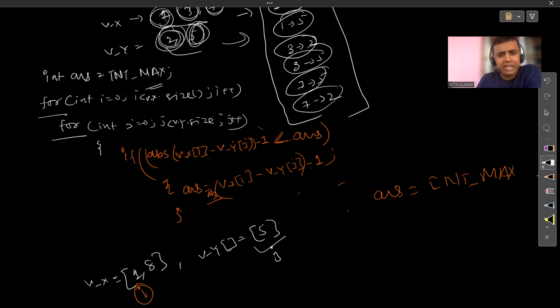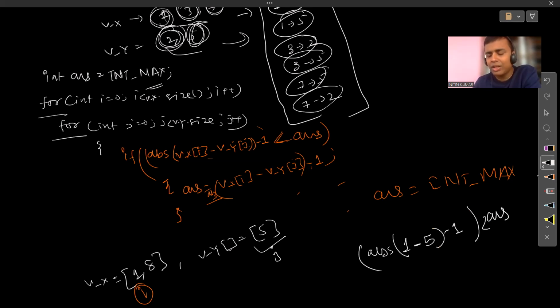Now what I have to do? I go inside the for loop, and here one condition is written: if absolute of vx of I, and vx of I is 1, minus absolute of 1 minus vy of j, and vy of j is 5, minus 1, is less than our answer, and my current answer is int max.